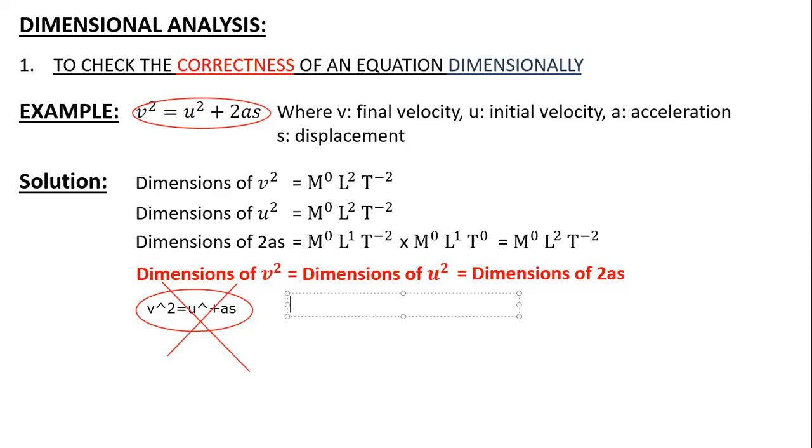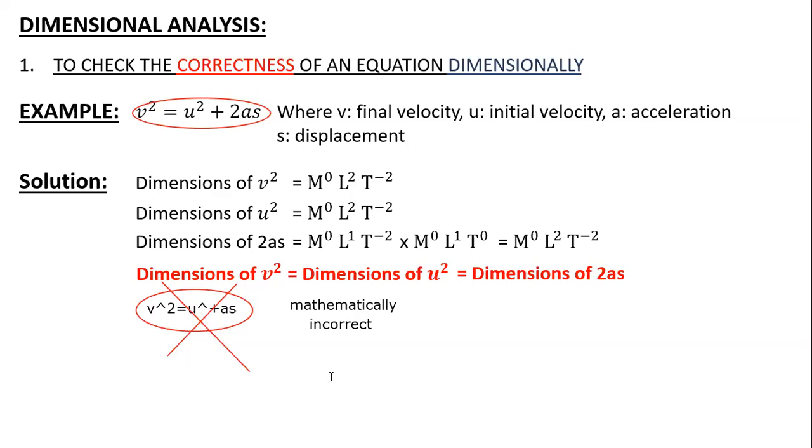When I use the term mathematically correct, it means if you substitute the values, you should get LHS equal to RHS. So it is not necessary that all dimensionally correct equations are mathematically correct, but all mathematically correct equations are dimensionally correct. So dimensions won't check the exact mathematical correctness of an equation.